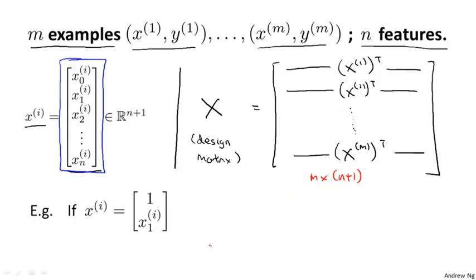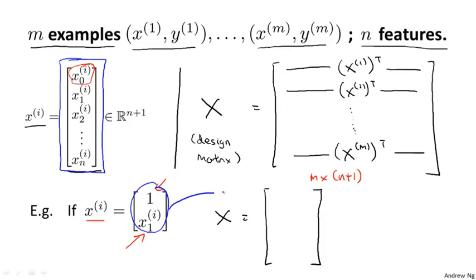As a concrete example, let's say I have only one feature, only one feature other than x0, which is always equal to 1. So if my feature vectors xi are equal to this 1, which is x0, and then some real feature like maybe the size of the house, then my design matrix X would be equal to this. For the first row, I'm going to basically take this and take its transpose.